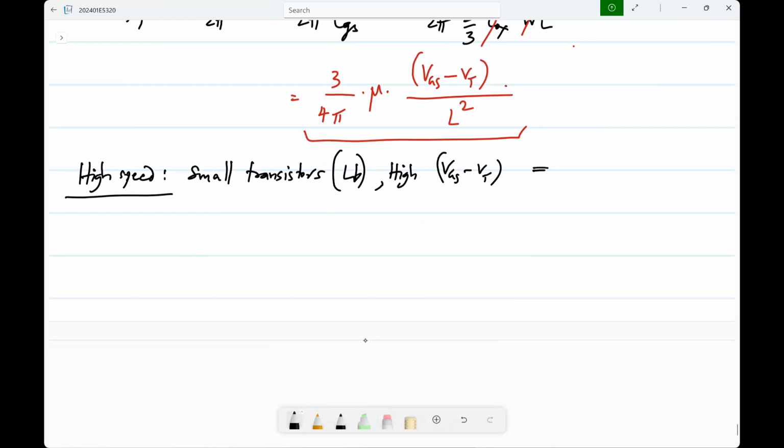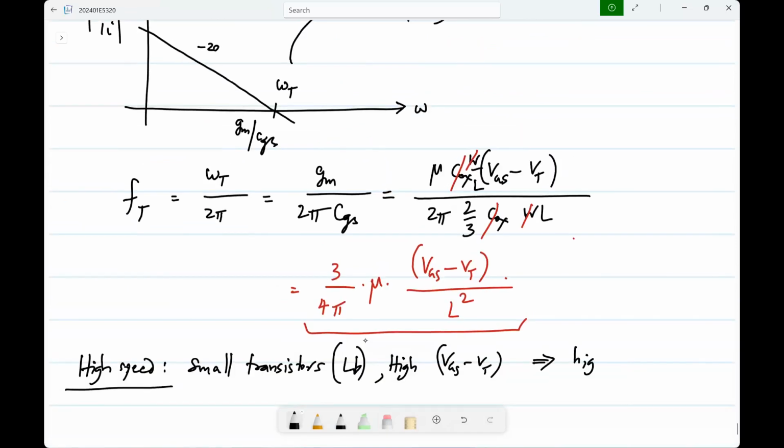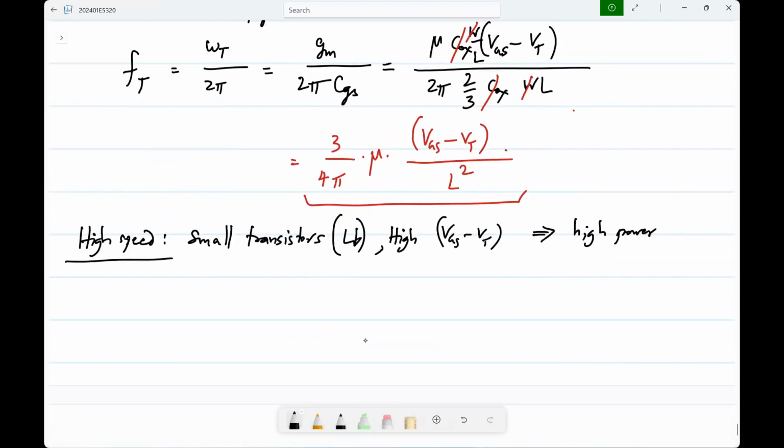So this means high power. What does it say about precision? Use small transistors, random mismatch will be higher, right? And flicker noise will be higher if you reduce the transistor length. So there is a direct trade-off between trying to get high speed and trying to get high precision. Okay.